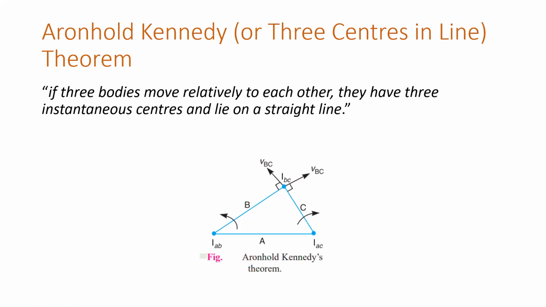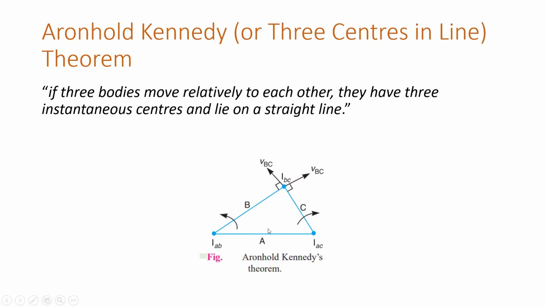Okay. So what it says is that if there are three bodies and they are moving relative to each other, then they will have three ICRs. We know that for every combination of links there is one ICR.